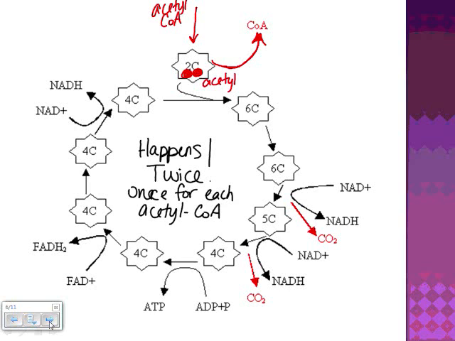That acetyl, those 2 carbons, are going to join 1, 2, 3, 4 carbons, and you're going to have 6 carbons. Our 6 carbons are going around. It's a cycle.